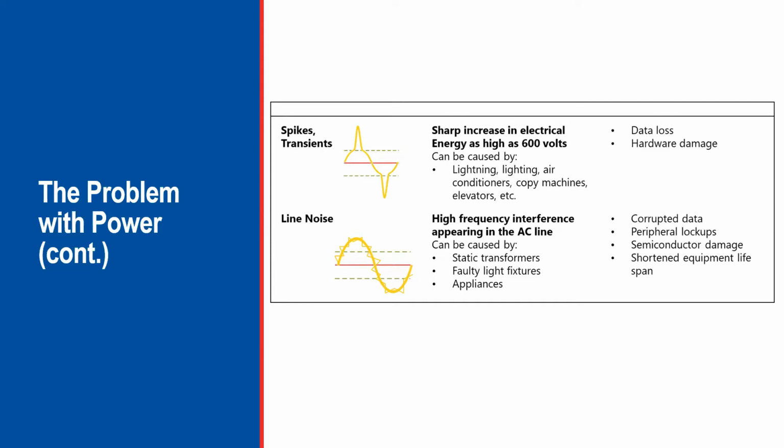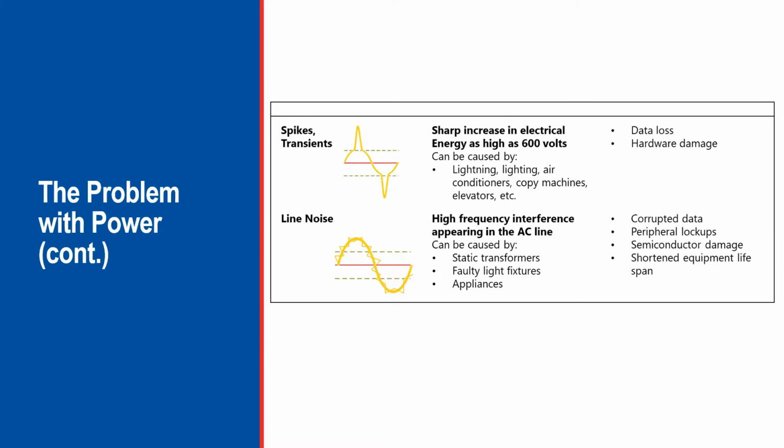This is the type of power problem that you have probably seen when you have something connected and all of a sudden you see smoke come out. That is when a spike or a severe transient power failure comes through. It can more than likely kill any attached device, whatever is utilizing utility power.